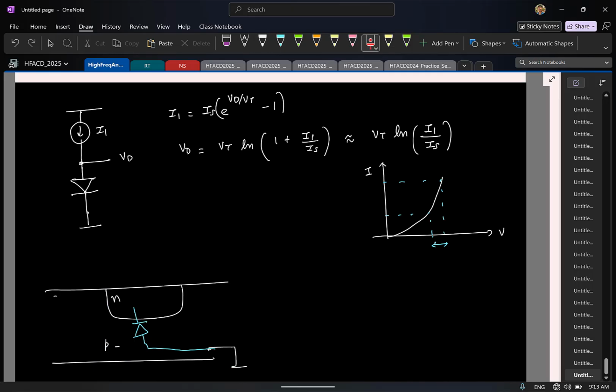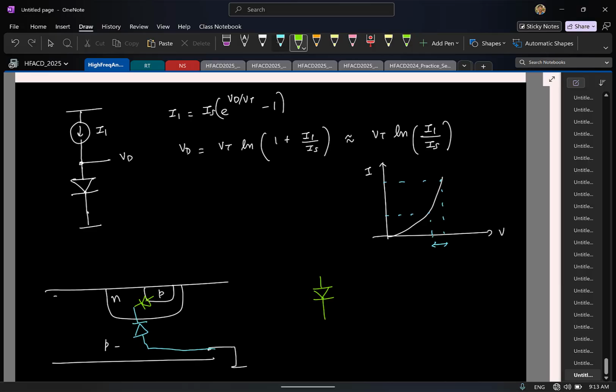I have an N region. I want to get a PN junction. So what can we do? We can try to put one more P, and now you can get a proper PN junction, and we can try to use it as the diode. But unfortunately, you don't get that diode alone, isolated.